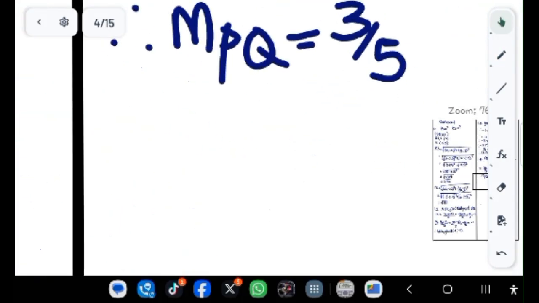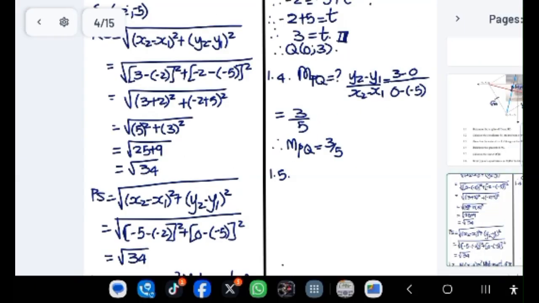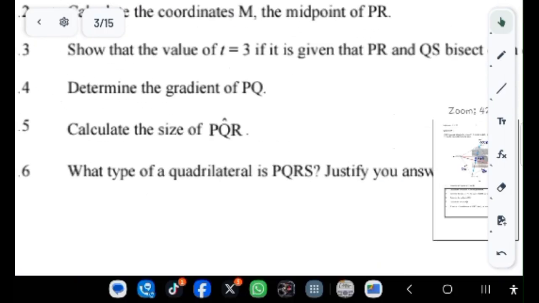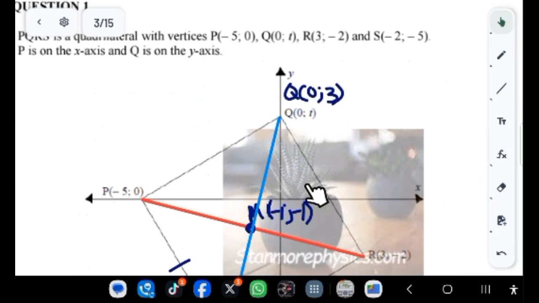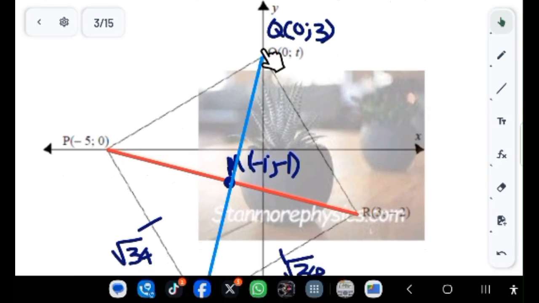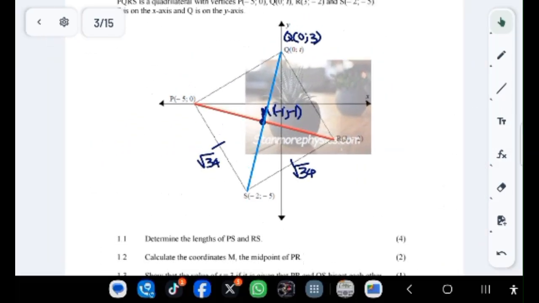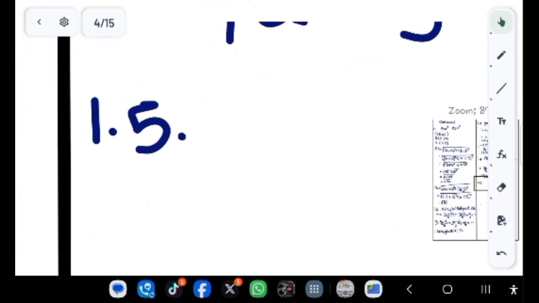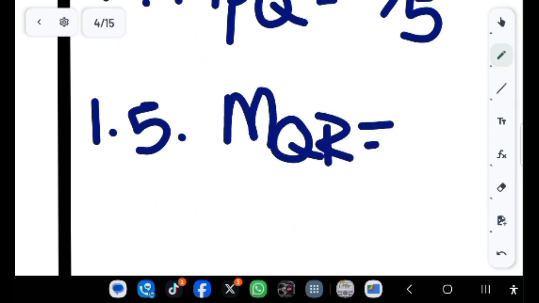Next question, that is 1.5. Calculate the size of angle PQR. Okay, let's first see if QR is perpendicular to PQ. Let's find the gradient of QR to see if these two are perpendicular.